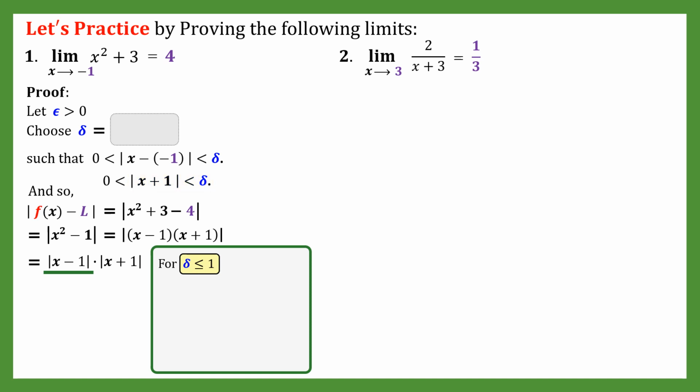For delta less than or equal to 1, this means the absolute value of x plus 1 is less than 1. So, the absolute value of x minus 1 is equal to the absolute value of x plus 1 minus 2.